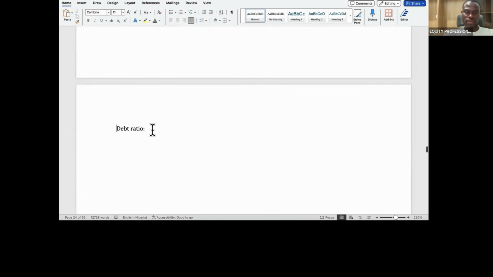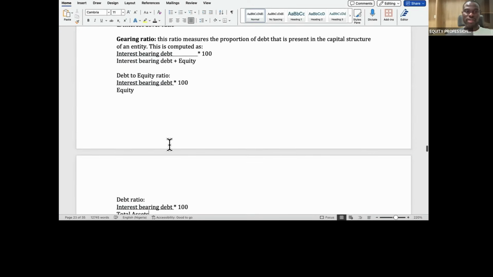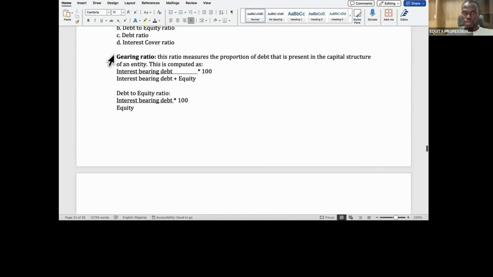Even debt ratio is also still the interest-bearing debt. Some people will put it total debt all upon your assets, times 100. So the reality is this for you guys: you would only find yourself computing majorly this or this.